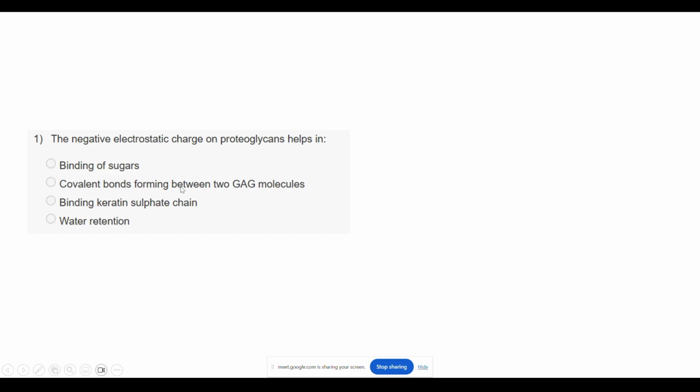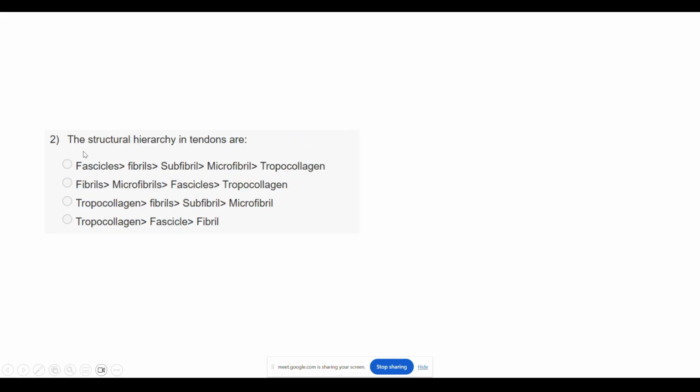The first one is: the negative electrostatic charge on proteoglycans help in binding of sugars, covalent bonds forming between two GAG molecules, binding keratin sulfate chain, and water retention. The answer is water retention. We saw this during the classes. The structural hierarchy in tendons are which of the following?